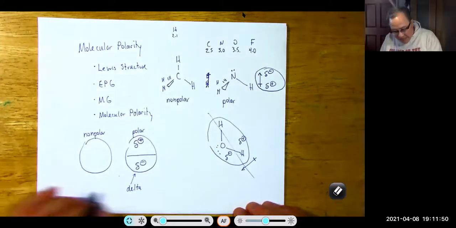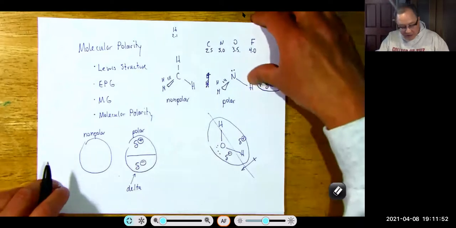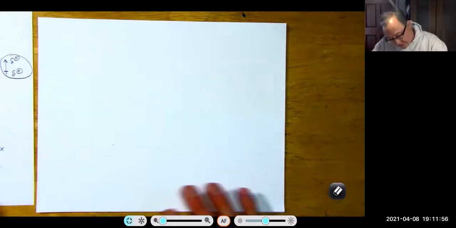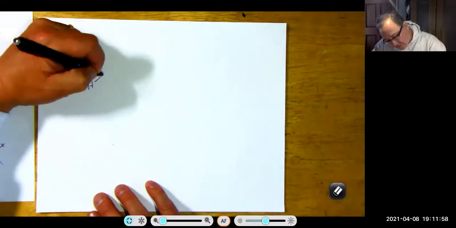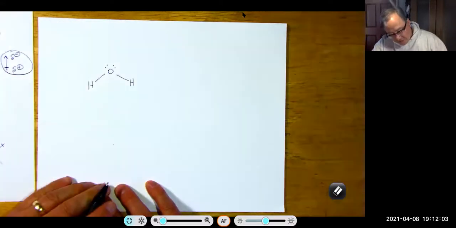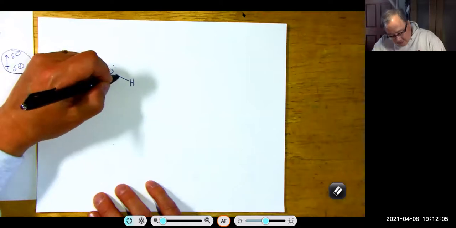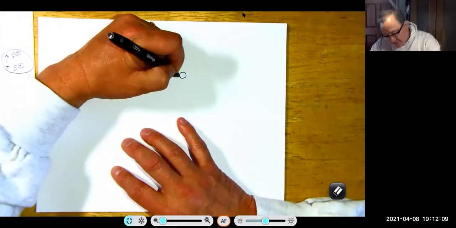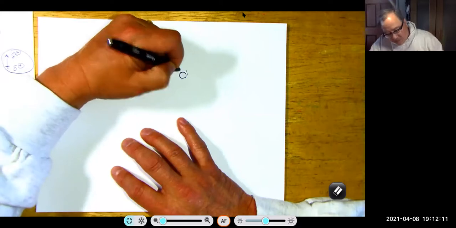So if I were to actually draw this, I'm going to draw H2O a little bit differently, so maybe it's easier to see. The idea here is that when we look at the distribution of electrons, these lone pairs don't really matter.